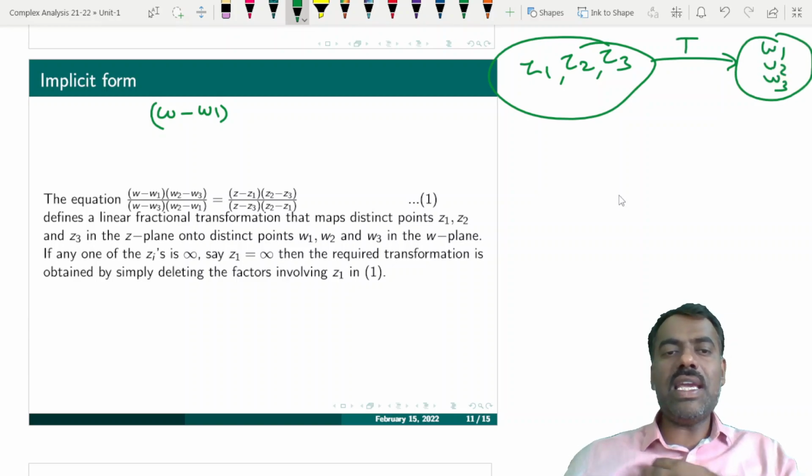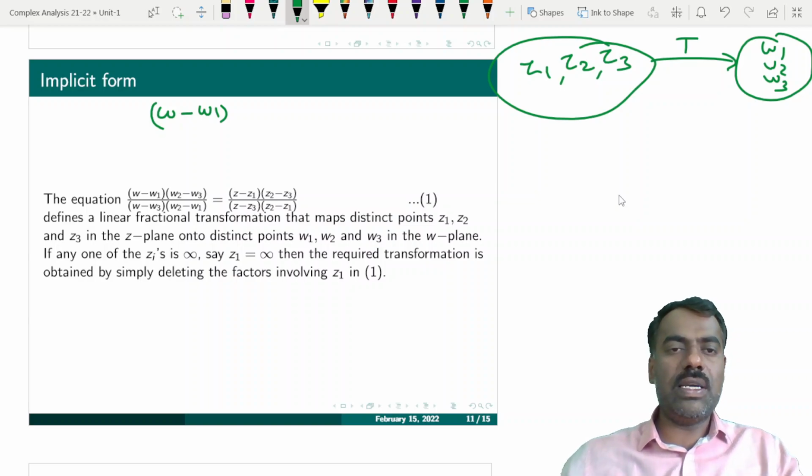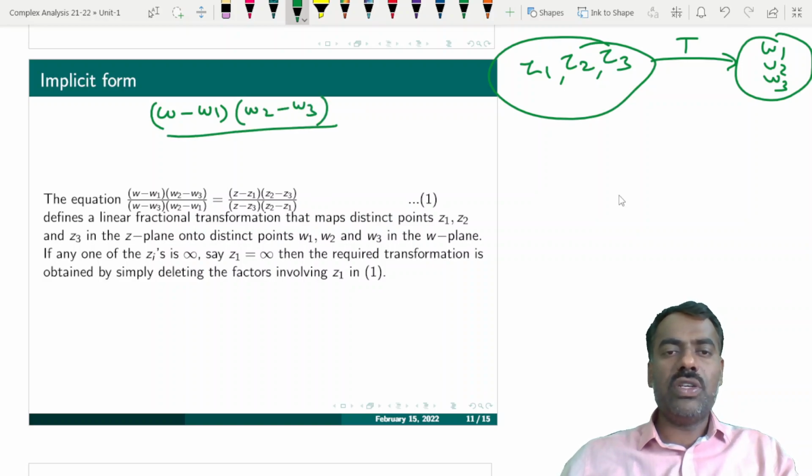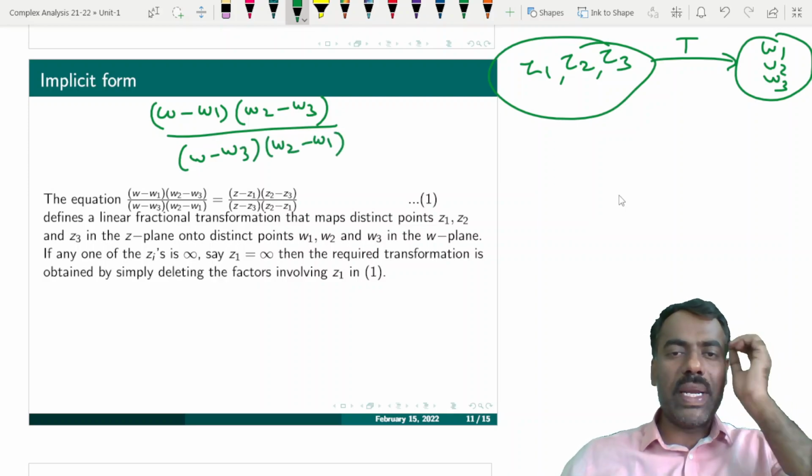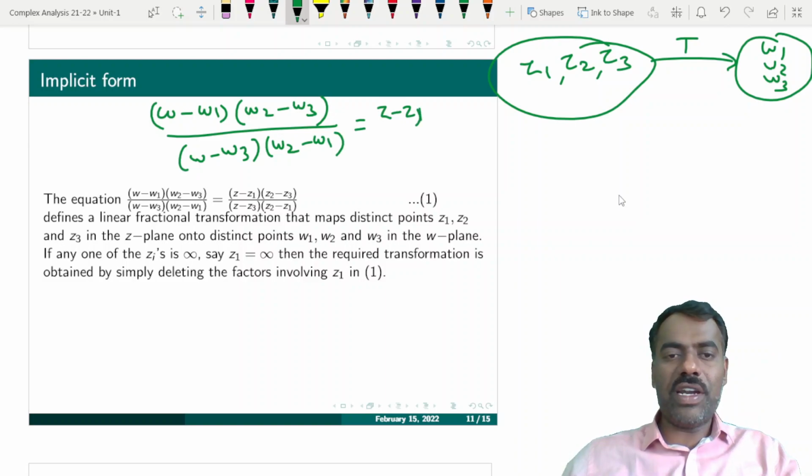So T satisfies this equation: (w minus w1)(w2 minus w3) upon (w minus w3)(w2 minus w1) is equal to (z minus z1)(z2 minus z3) upon (z minus z3)(z2 minus z1).